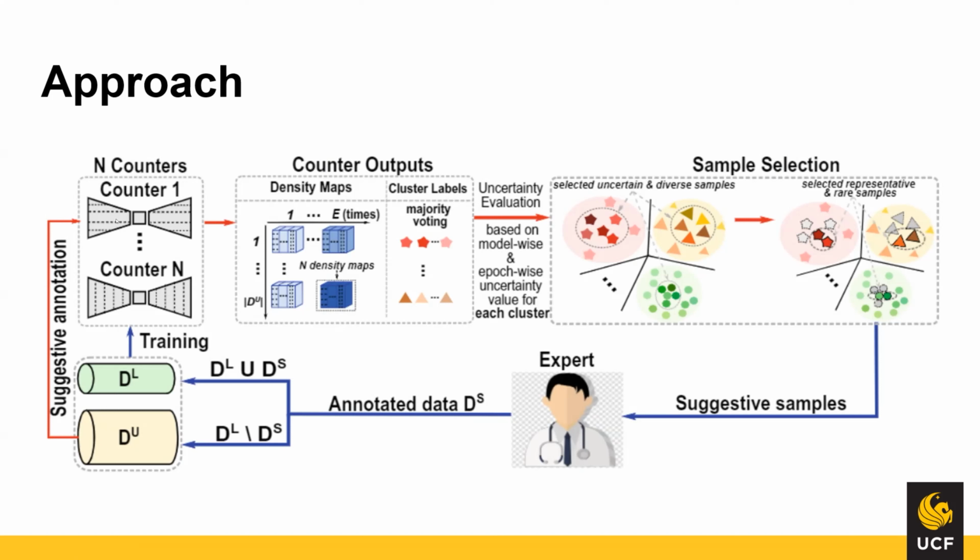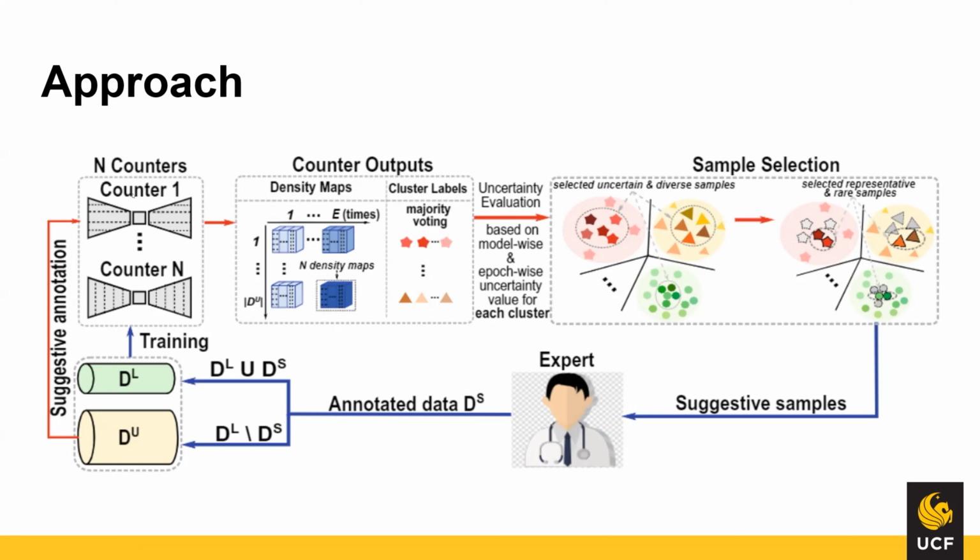And then these trained counters generate density maps. E is the number of epochs, and N is the number of counters. So they generate E by N density maps. And they also generate the cluster labels of all these unlabeled data that is being fed into the counter. So they group the unlabeled data by deep clustering to guarantee the diversity of the data.